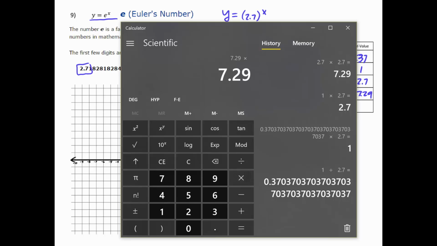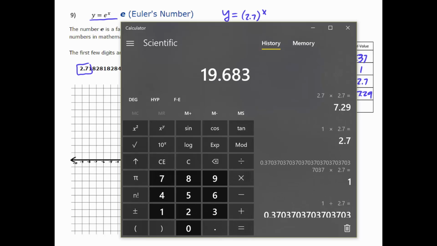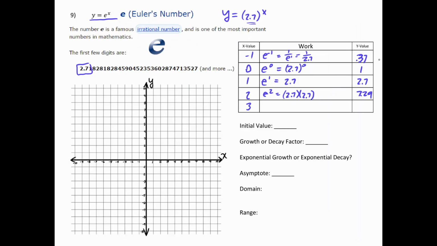And then if I take that answer and just times 2.7 times by e, I get 19.68. Again, that's e to the third. That's 2.7 times 2.7 times 2.7. 19.683. All right, now this is kind of an estimate. If you do this in your calculator with the actual number, these will be slightly higher.